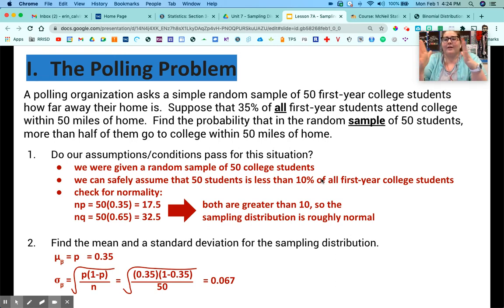It will have a standard deviation, the average distance from the mean for each proportion, of 0.067. And the shape of that graph would look roughly normal. So we now know what to expect from a sample of size 50 in terms of the proportion of students who live within 50 miles of home.